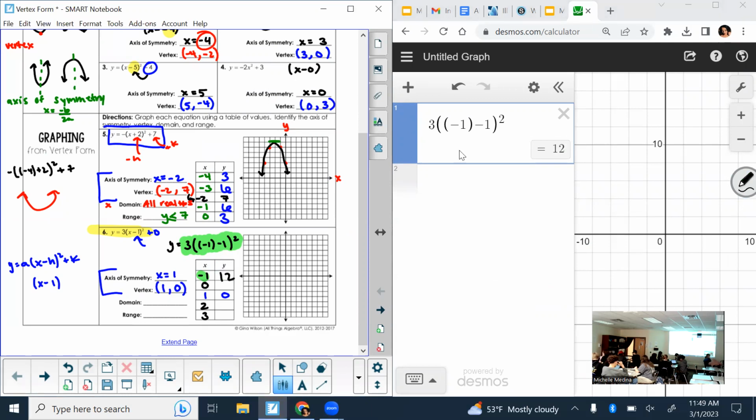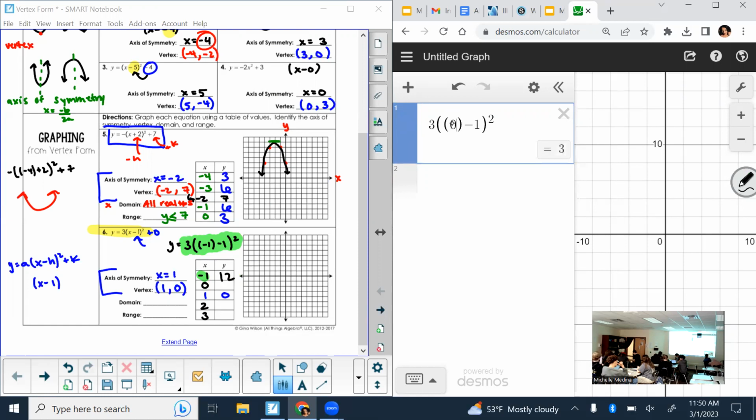What should my second Y value be? All right, it is 3.